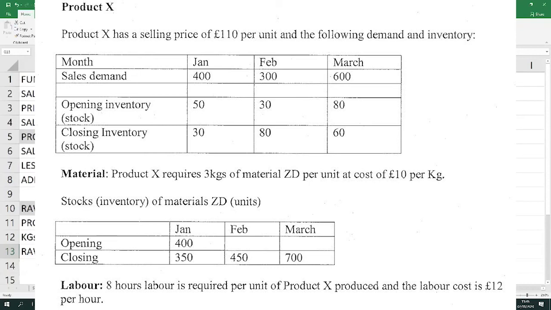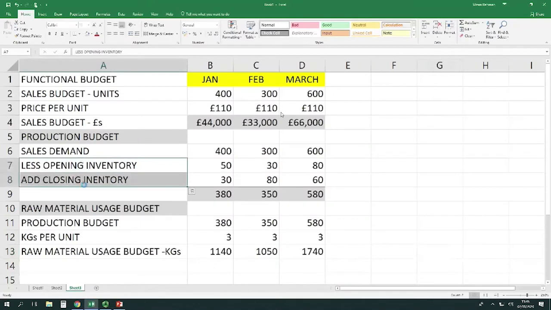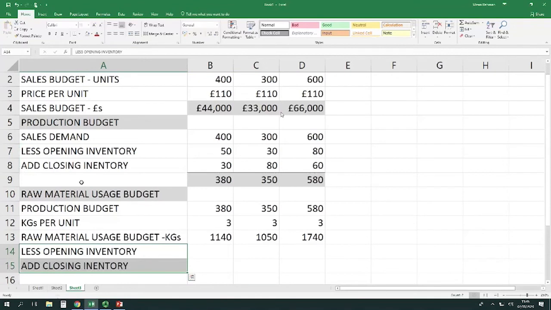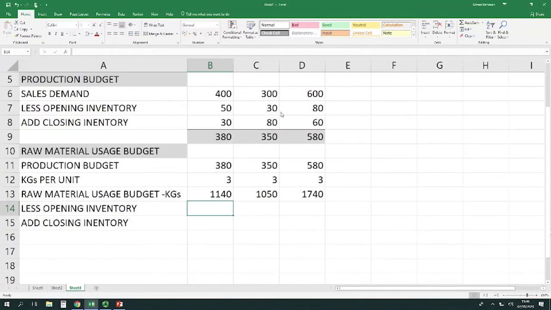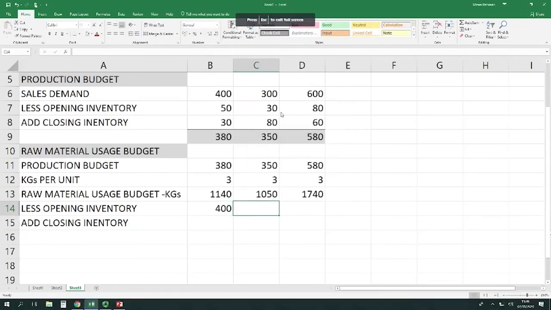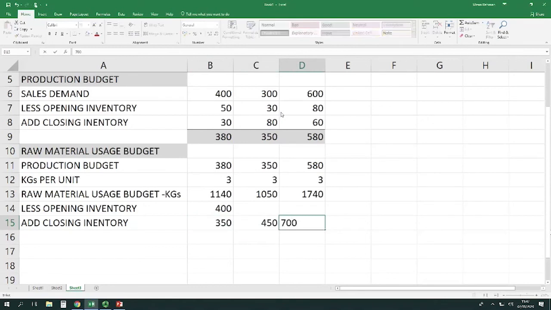I'm going to just copy and paste, Control C. The benefits of working in Excel. So 400 of that, and we have 350, 450, and 700.